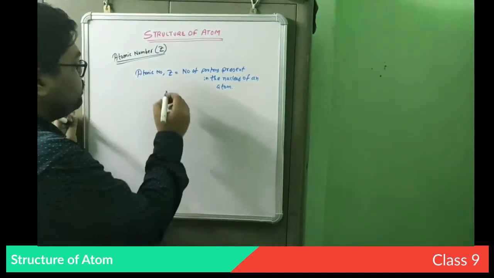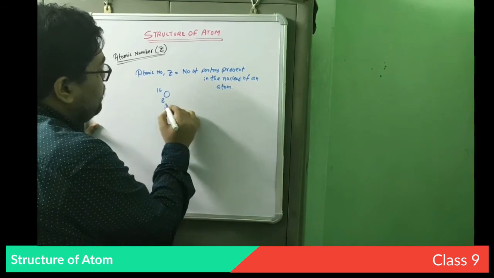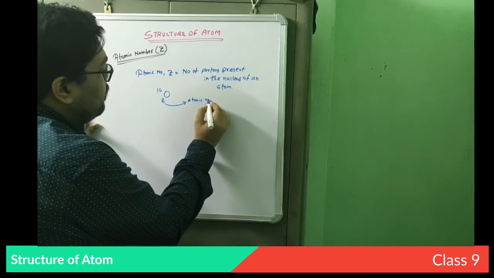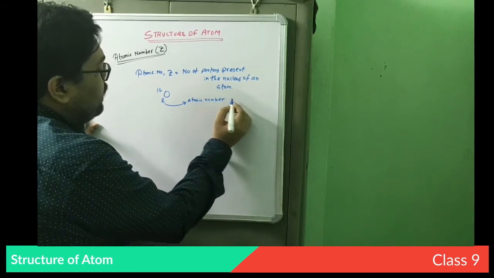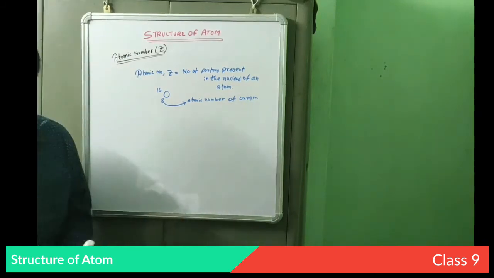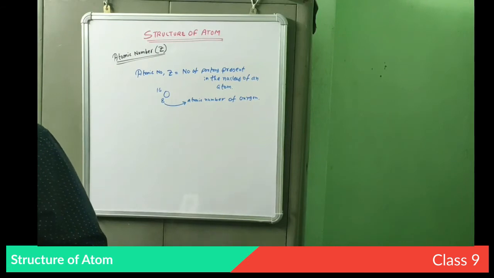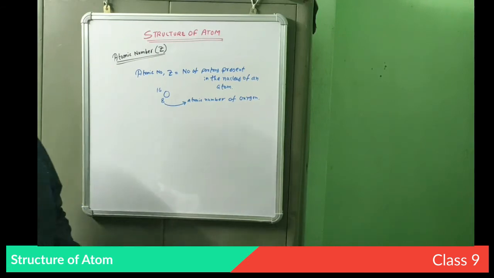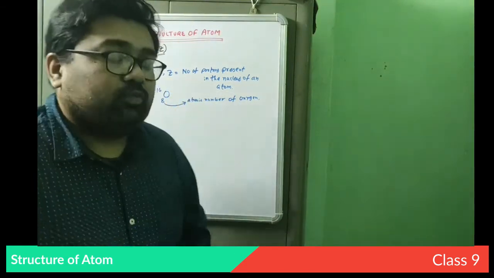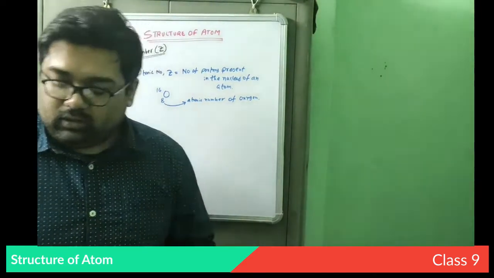If I say oxygen 16,8, this 8 is representing the atomic number of oxygen. So oxygen has the atomic number of 8, right? So basically, atomic number gives us the total number of protons present in the nucleus of an atom, right?